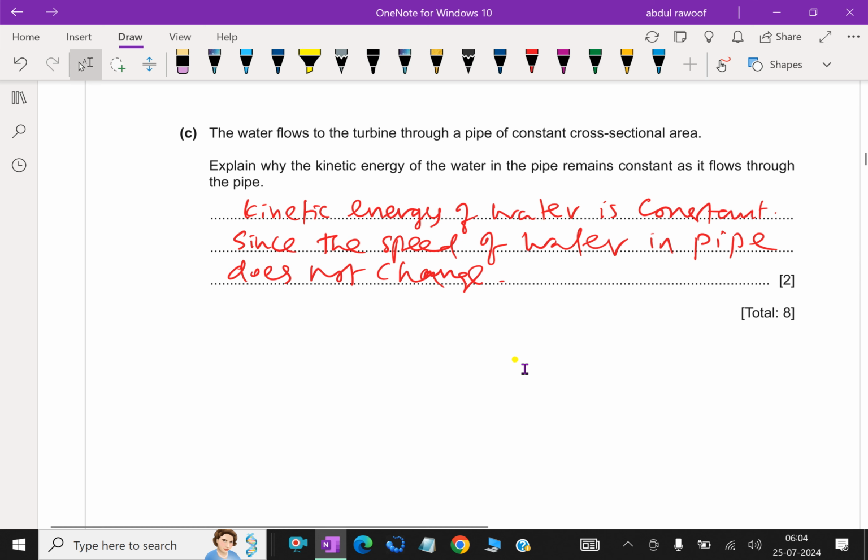Since kinetic energy is half m v square, and mostly the velocity of the water is constant in the pipeline, its kinetic energy is mostly not changing, it stays the same.